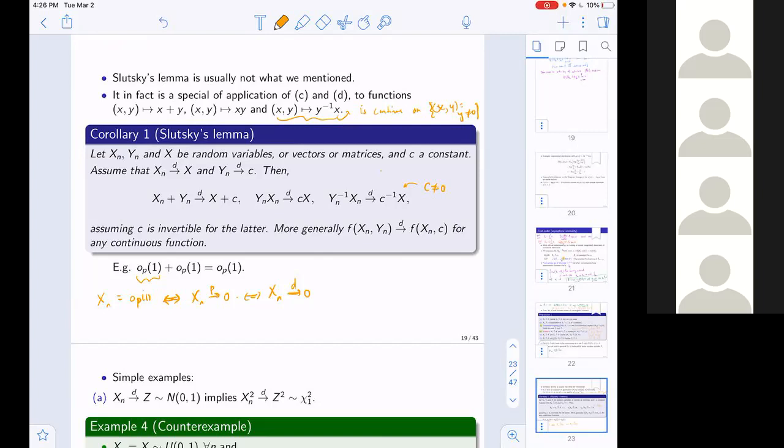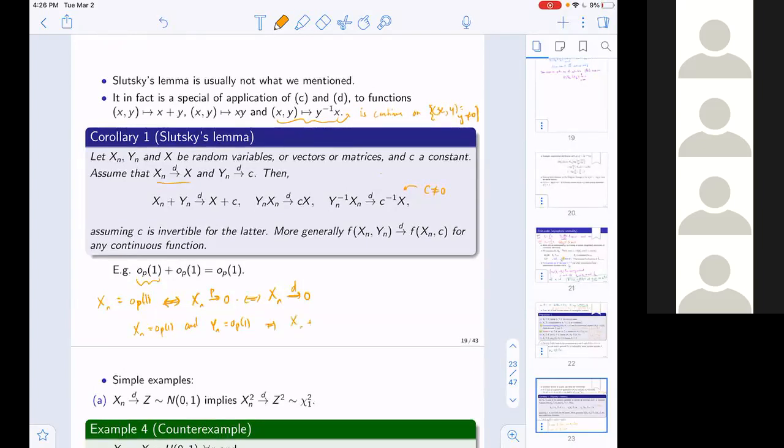So in Slutsky's lemma, you can replace this with, let's say, xn is OP of 1 and yn is OP of 1. So the conditions of these two hold: the limit of both is a constant, and they converge in probability, but they're also converging in distribution. Then I conclude that xn plus yn is also OP of 1, because the sum is also going to 0.